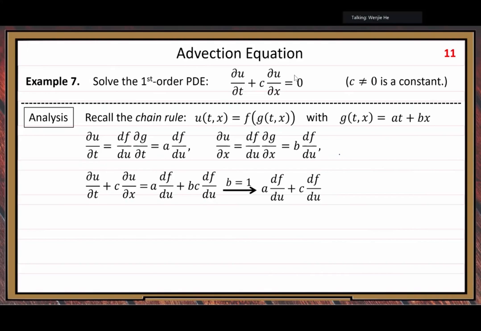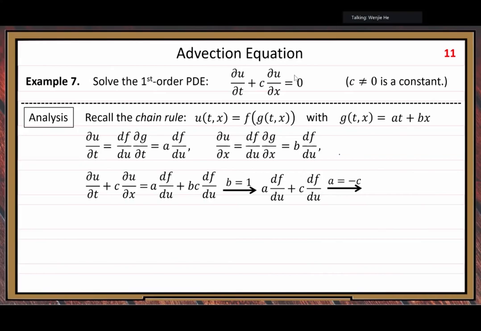So let's simplify the first round. a and c: c is a fixed constant, you have no freedom to do anything on it, so you need to keep that c, but we have freedom on a. Can we choose a as negative c? Then they cancel out.